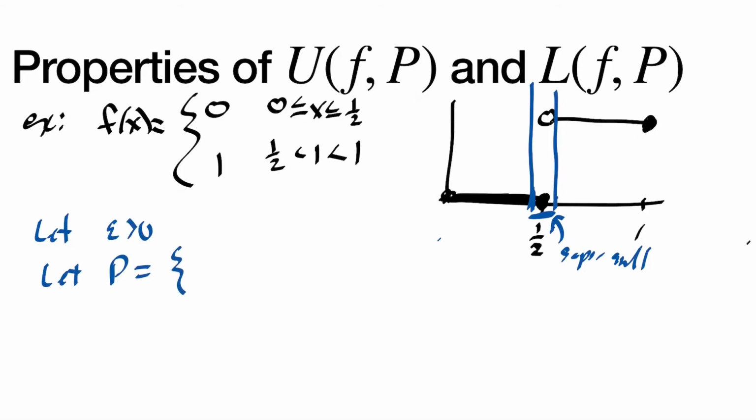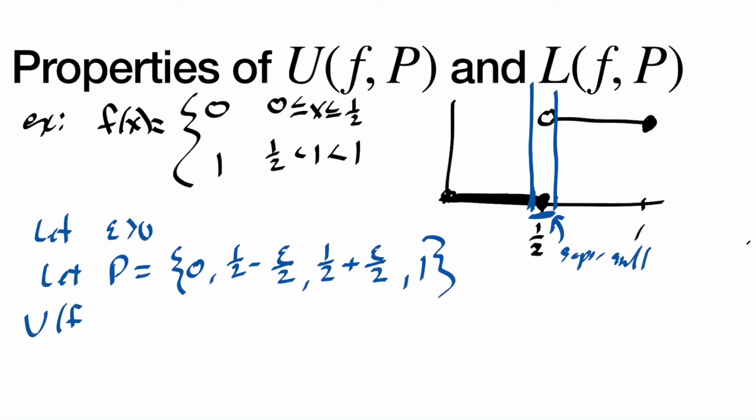So let epsilon be greater than 0, and then let my partition be 0, 1/2 minus epsilon over 2, 1/2 plus epsilon over 2, 1. And so this is my partition. And then let's ask, what is my upper and my lower? So notice I've got 3 sections.